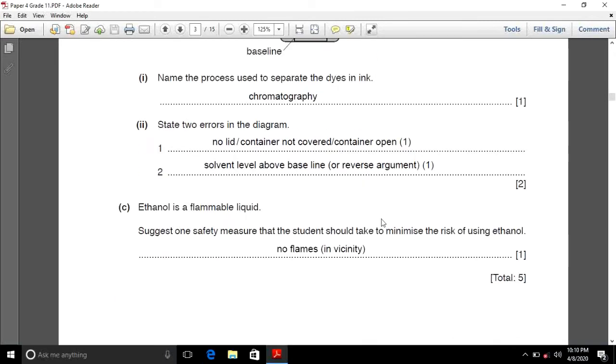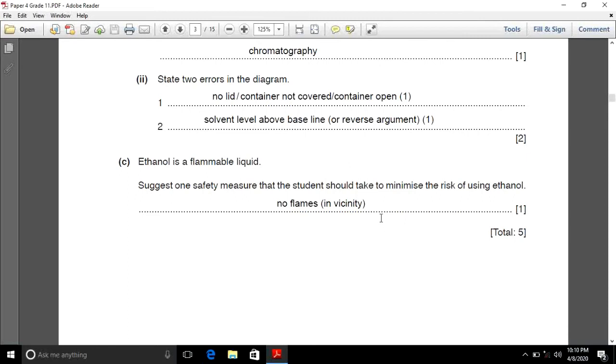As you know, ethanol is a flammable liquid. Suggest one safety measure that the student should take to minimize the risk of using ethanol. No flames in the vicinity. No flames should be brought near the workstations where ethanol is being used.